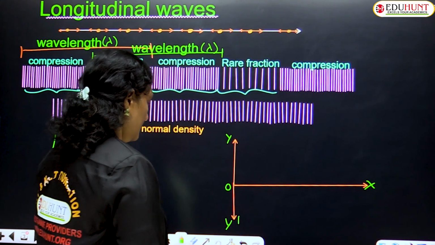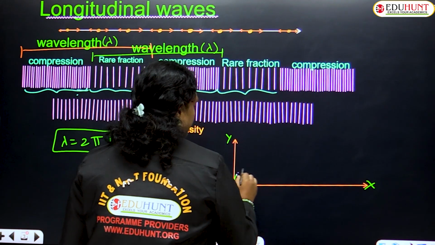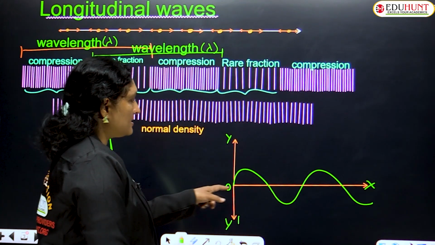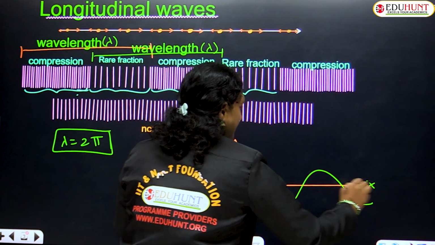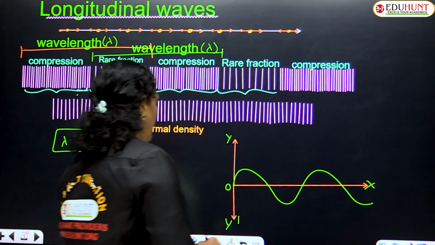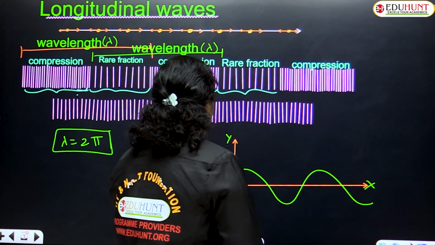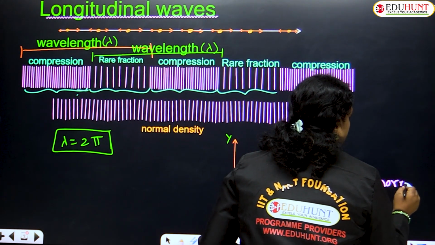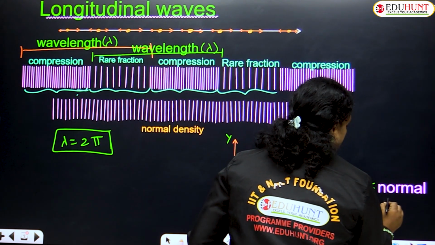So if you consider this wave transferring like this, let us consider this horizontal line OX. OX represents the normal density of the wave.